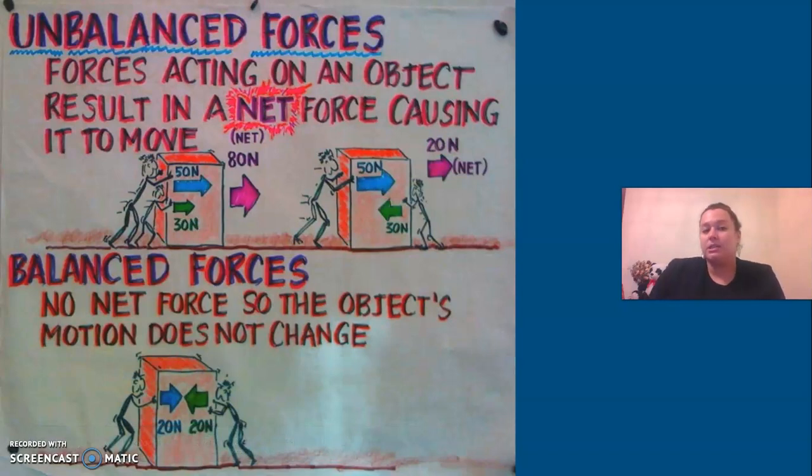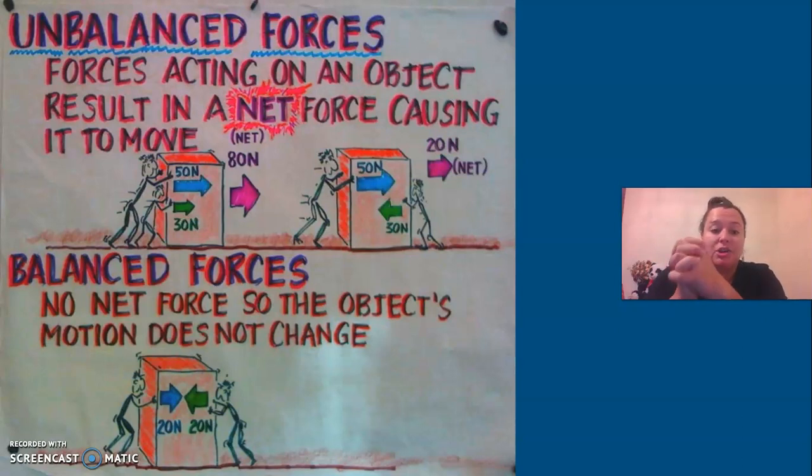So to go back to the arm wrestling example, let's say you're arm wrestling somebody who's just as strong as you are. Sometimes the hands shake, but they don't move to one side or the other. That's because you two are a balanced force.